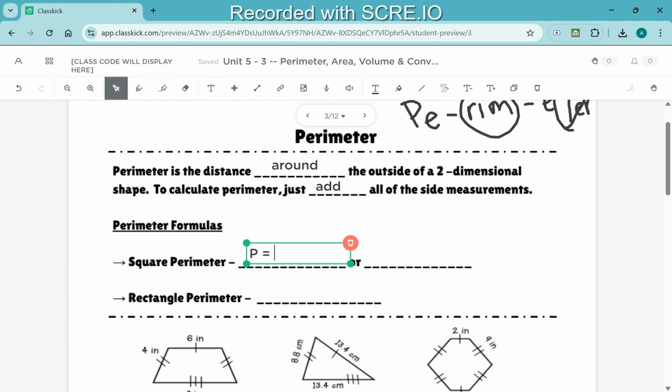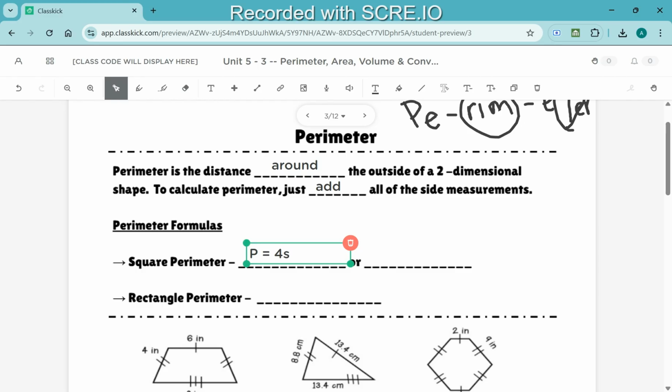You can also, since all sides are the same size, really be adding the same number 4 times. So you're really doing 4 times the side. You're going to see P equals 4S. The perimeter equals 4 times the length of the side, and all sides are the same since it's a square, right?